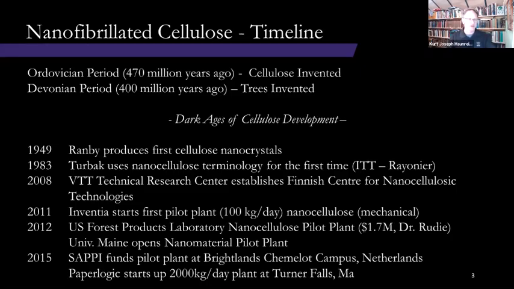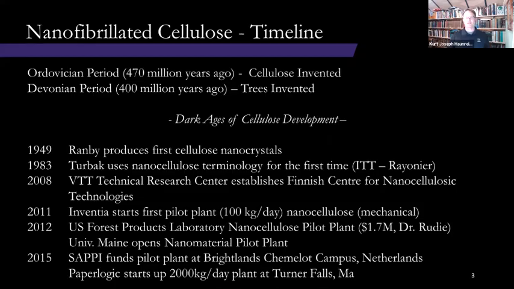We're focused today on just nanofibrillated cellulose. Cellulose on the nanoscale, we didn't see the first production of it until nanocrystals were produced in 1949 by a person named Ranby. And even then, nano was not in the lexicon, right?